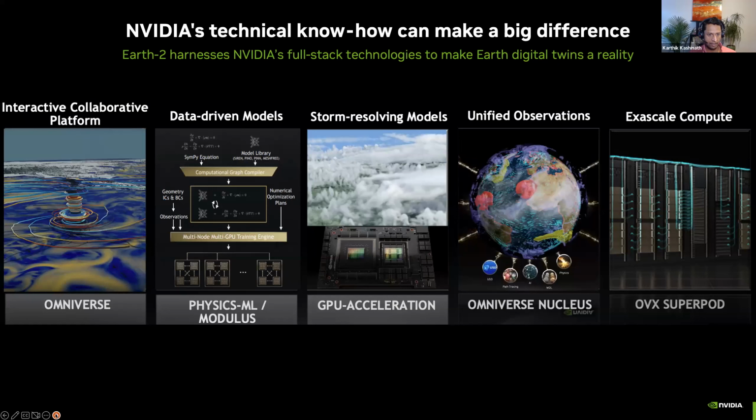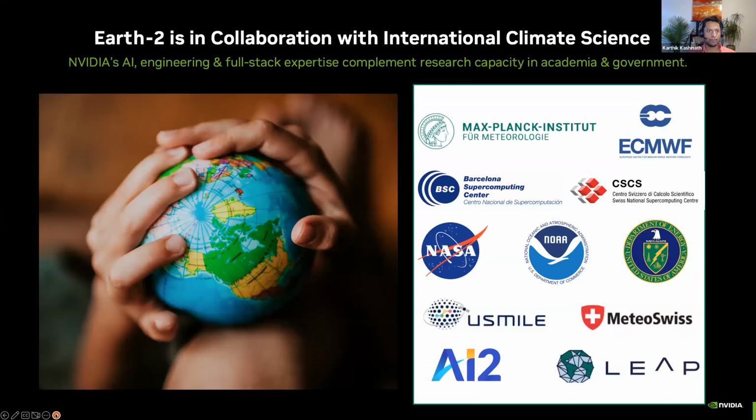The second is a physics-inspired machine learning model platform called Modulus, which is used to build various different types of physics-informed machine learning models. Third is GPU acceleration of various different principled numerical simulations, which NVIDIA has been doing for quite a long time. Fourth is unifying observations and various different data sources along with models in something called the Omniverse Nucleus, which I'll touch upon in a few minutes. And finally, exascale computations, which of course we've been doing for quite a while too.